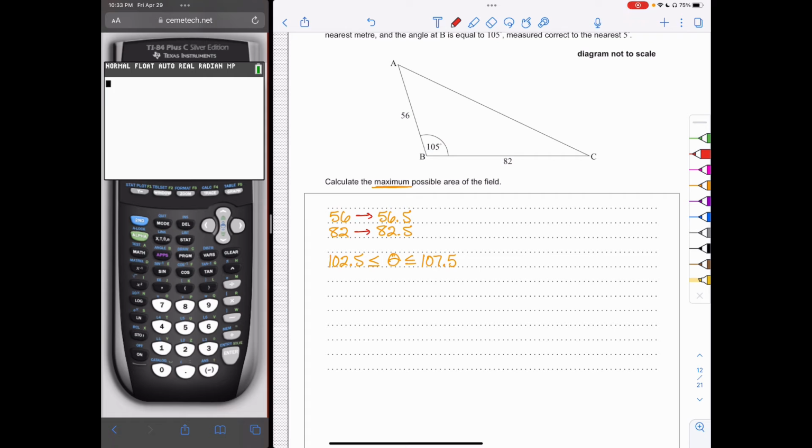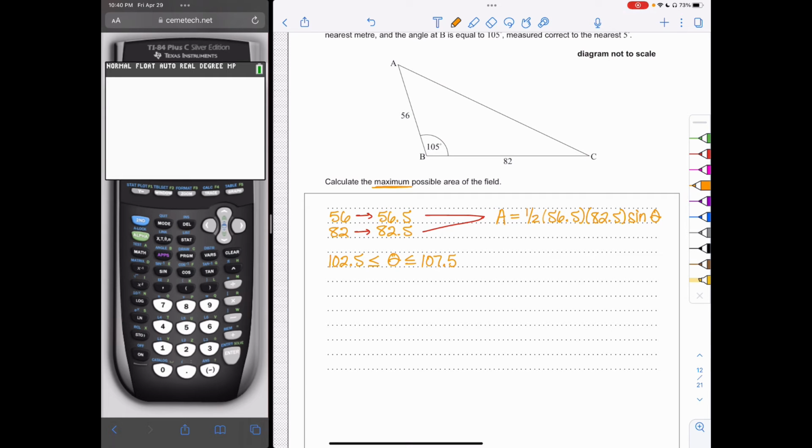From these two values here, I could easily say that the area of the field is going to be equal to 1/2 times 56.5 times 82.5, and then that's going to be times sine of some angle here.